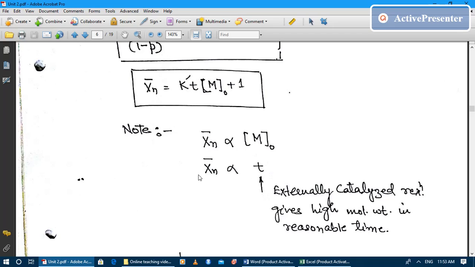So this is the main difference between the self-catalyzed polymerization reaction and externally added catalyst polymerization reaction. An externally catalyzed reaction gives high molecular weight in reasonable time, because xn bar is proportional to t.